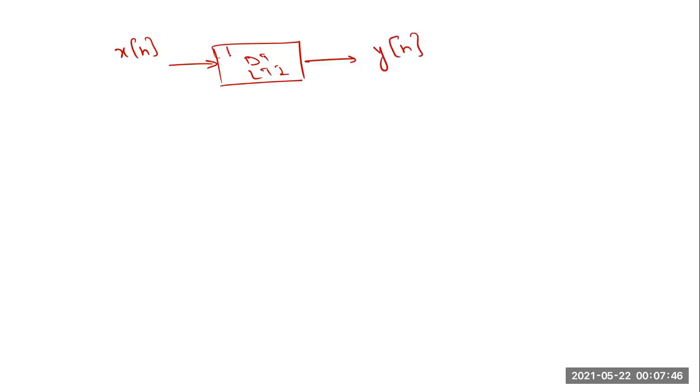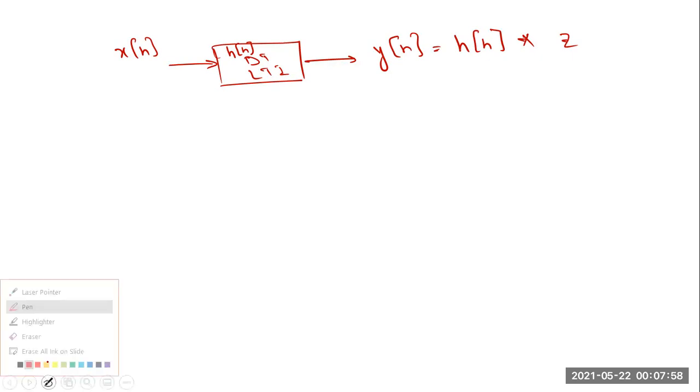So if you are dealing with a discrete time LTI system, and if the input is x of n, the output is y of n, and the system impulse response is h of n, then we know that the output is h of n convolved with x of n.